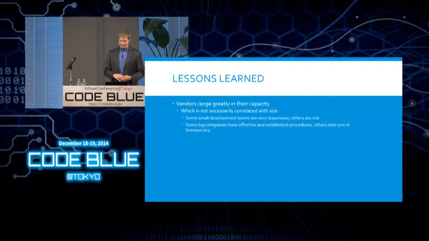We've learned some things throughout this process. And one of the things we've learned is that vendors range very greatly in their capacity. I mentioned this earlier. We have worked with some very large companies who moved very, very quickly and issued security updates within just a couple of days. We've also worked with some very large companies who worked very, very slowly.